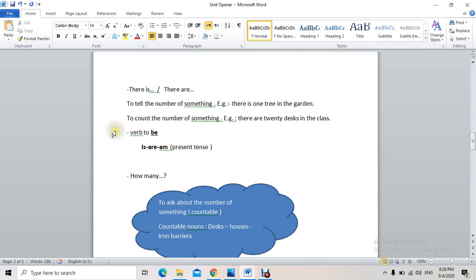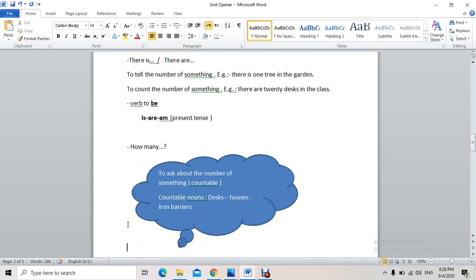We usually ask with the WH question, how many? To count the number of something, we usually ask how many. To ask about the number of something countable, countable nouns like desks, houses, iron barriers, like the ones that we have in the schoolyard.